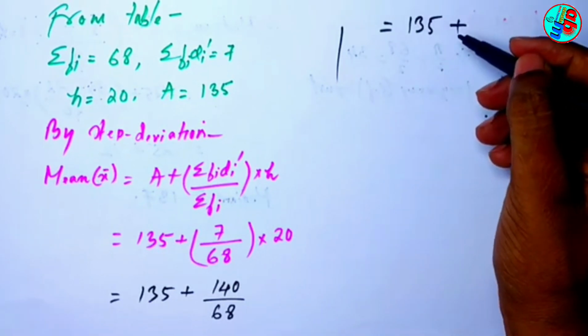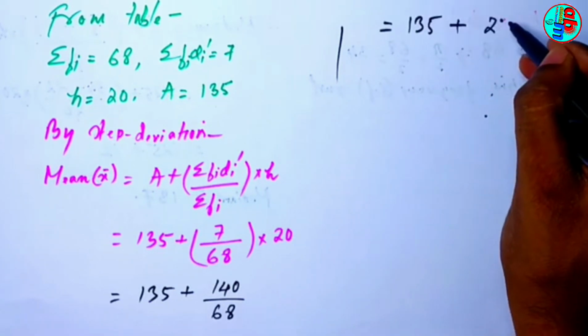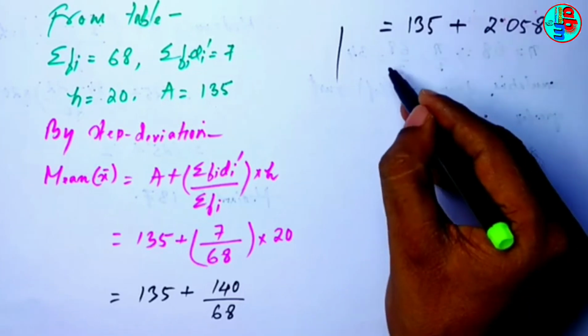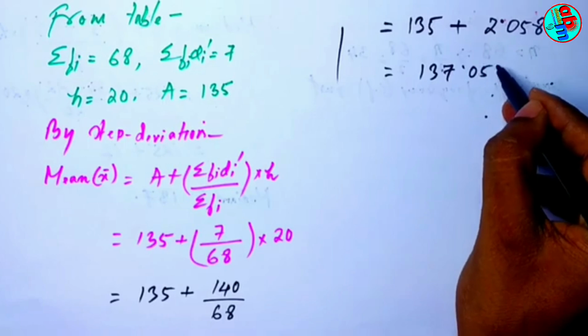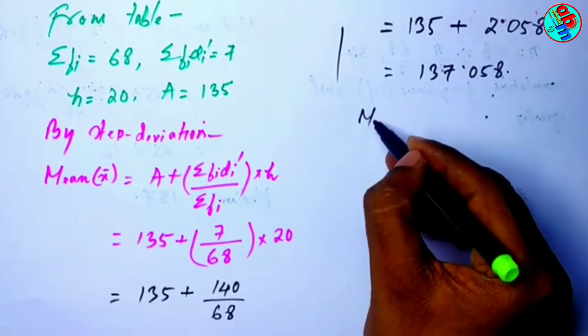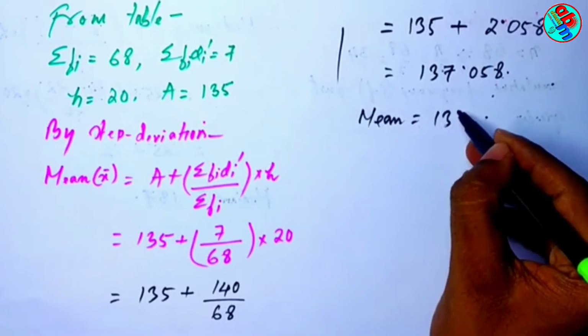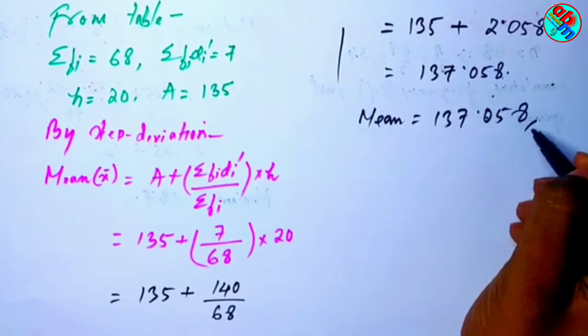If we divide by 68 we will get 2.058. After adding we will get 137.058. So this will be our mean, 137.058. This is our answer.